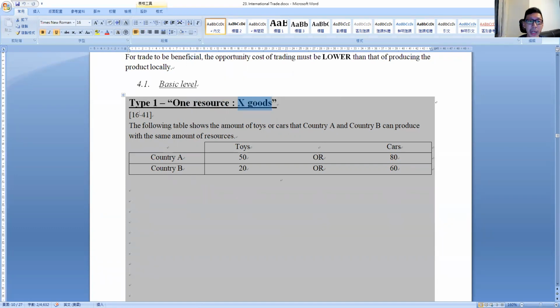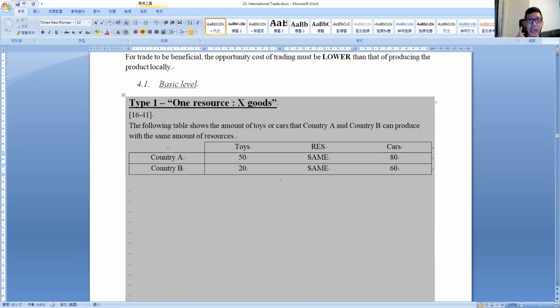For example, in 2016, MC question 41, it says the following table shows the amount of toys or cars that country A and country B can produce with the same amount of resources. Here it didn't say one, but it did say same amount. Because of time limitation, let me just construct something. I call it the same and same.